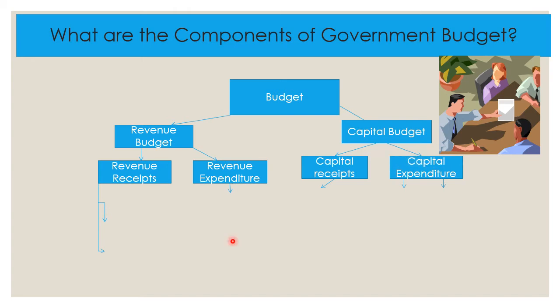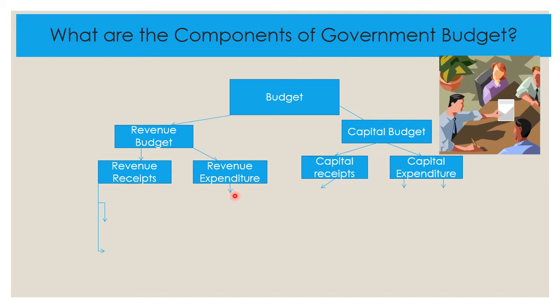I'd like to mention here that in the case of revenue receipts, whenever any income is expected to be earned here, it will not be due to a sale of any asset or it will not be due to borrowings. Therefore, we say that in the case of revenue receipts, there is no reduction in assets and no creation of liability.